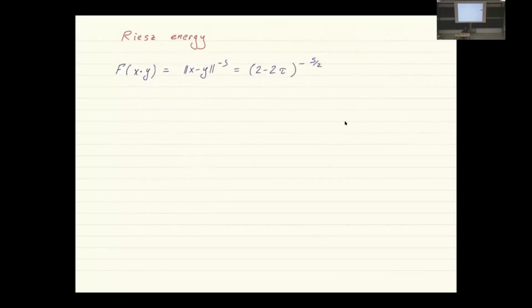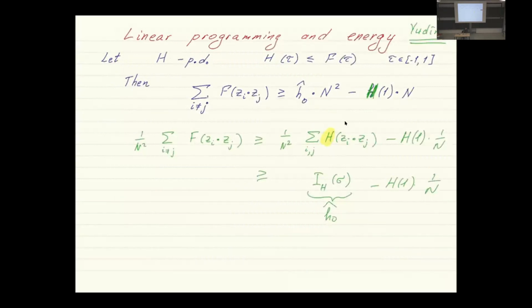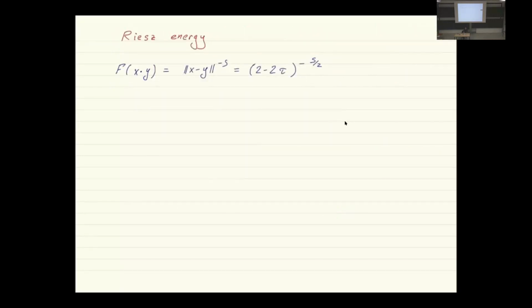If you remember some things from lecture 1, if we look at the Riesz energy, that is the energy with this kernel. This kernel is singular, but that's fine because 2 slides ago, we specifically discussed that this applies to singular kernels as well, as long as the lower bound that you find is a nice continuous function. And in our case, it's a polynomial. So if you rewrite this kernel in terms of the inner product tau is x dot y, then you get this expression.